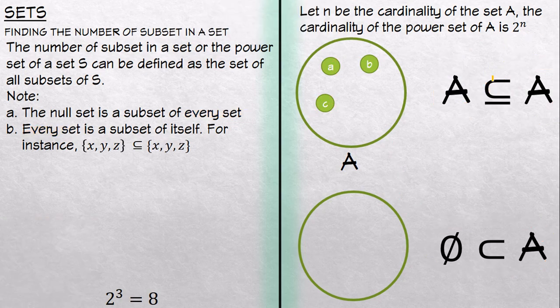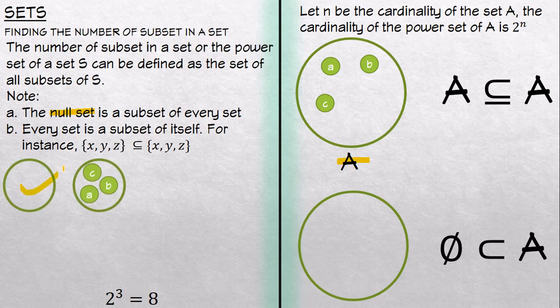So when we talk about the power set, it is a collection of subsets of the set. First, we know that the empty set is a subset of the set A, and the set A itself is also a subset.